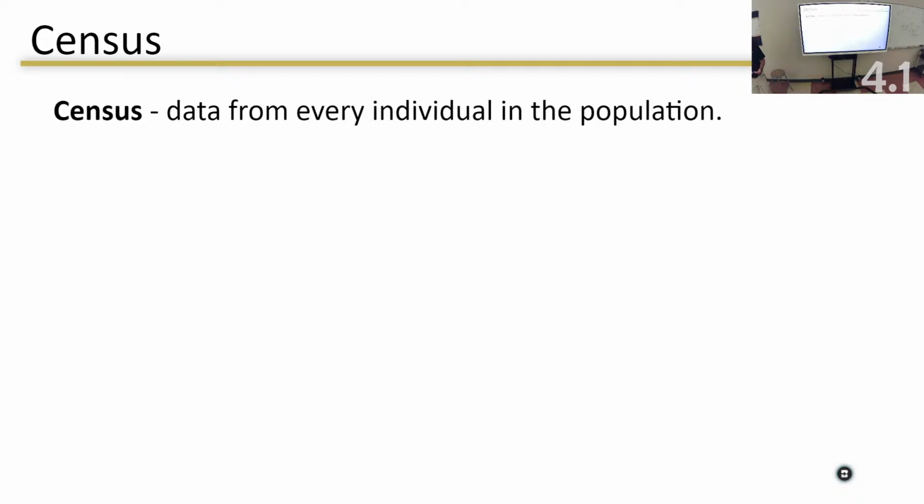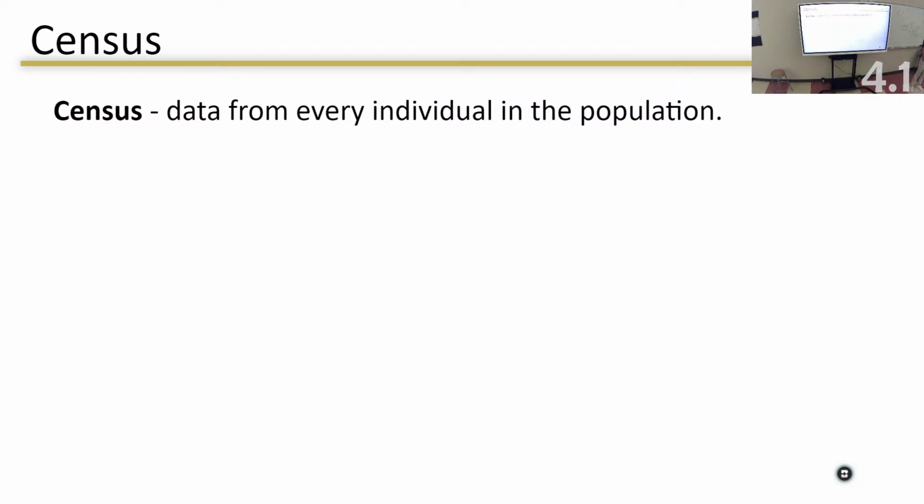It is data from every single individual in that population. It doesn't have to be people. I can do a census of pine trees. I can do a census of tables. I can do a census of cars. But a census is the entire group.